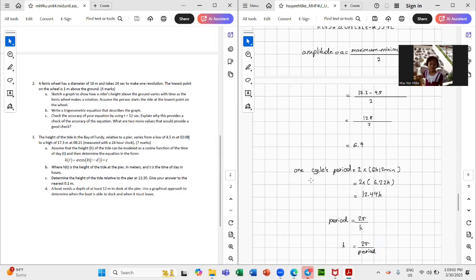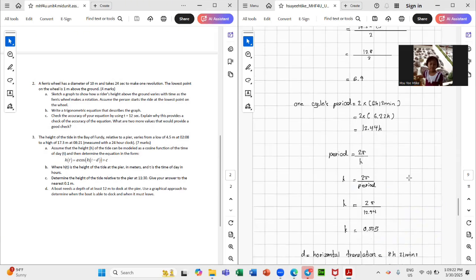So for the half cycle period, we get 6 hours 30 minutes. So we have to multiply by 2 to get one cycle period. 6 hours 30 minutes is equal to 6.22 hours. So we get 12.44 hours.